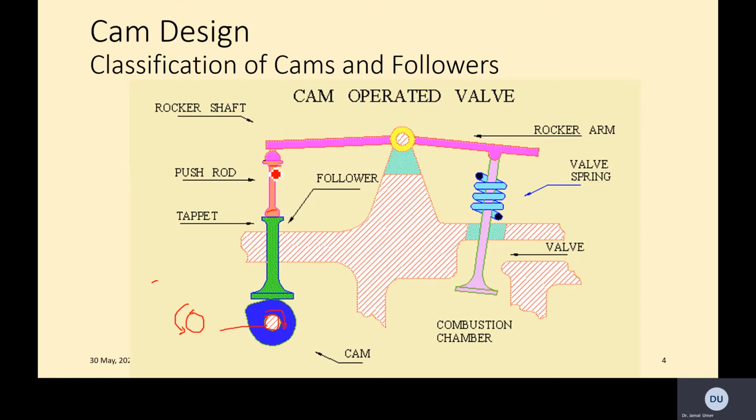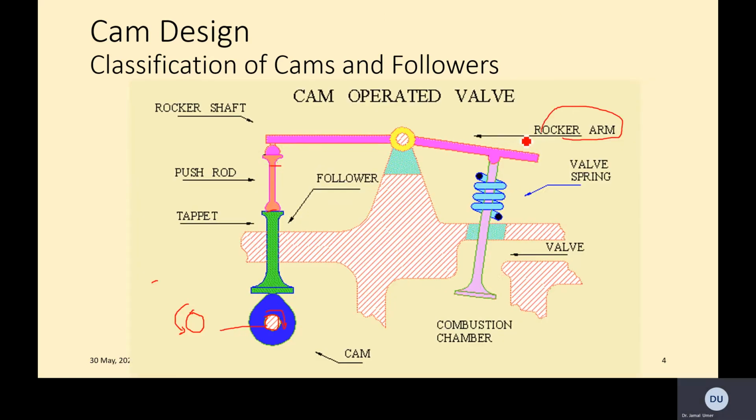The push rod connects with a rocker arm, and this end is called the rocker shaft. This rocker arm is then connected directly with the valve, right? And this valve has a valve spring.